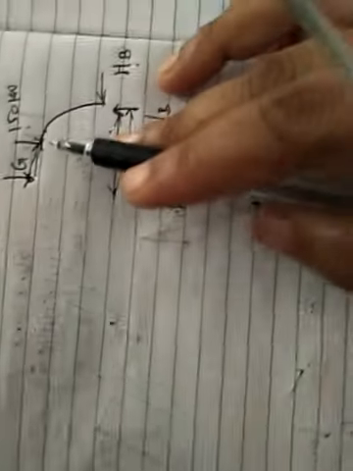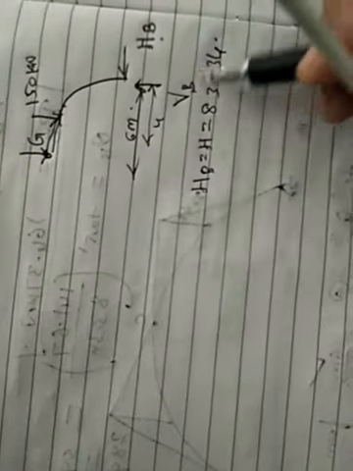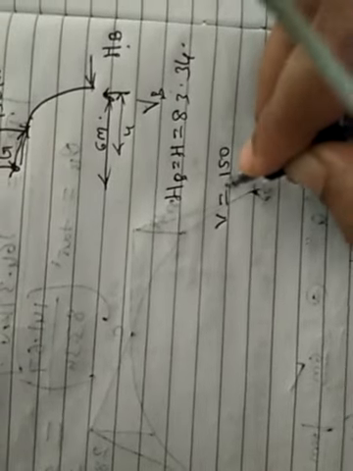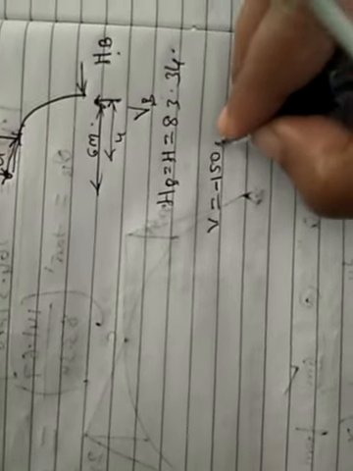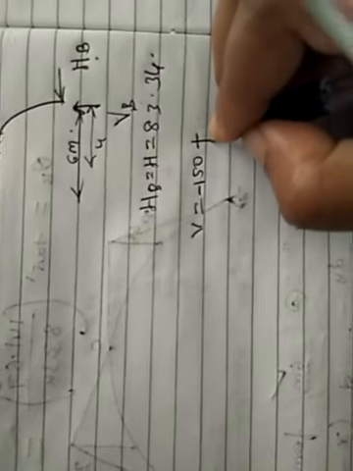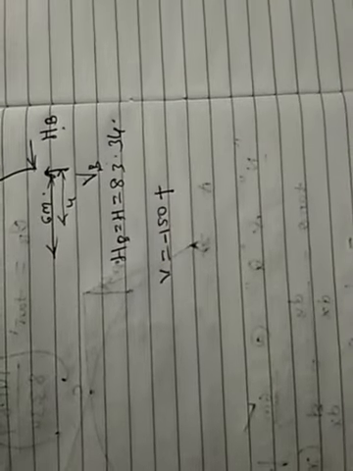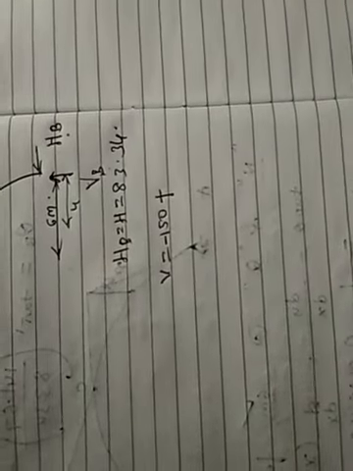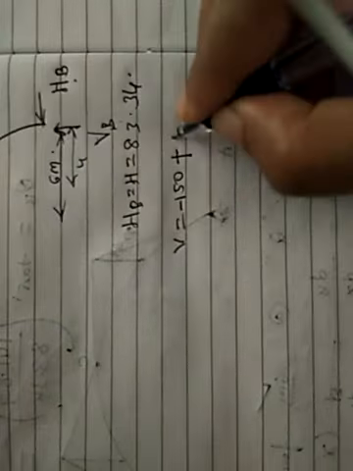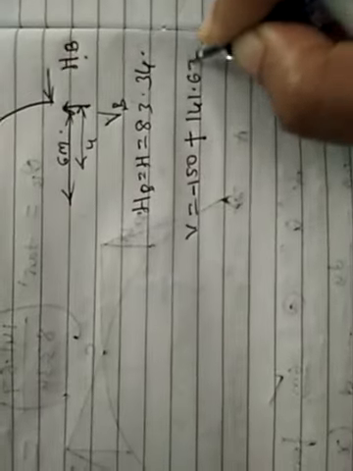And we are supposed to calculate V now. So V is 150, which is acting downward, and then plus VB. So VB we have calculated already. What is the value of VB now? The VB is equal to 141.67.